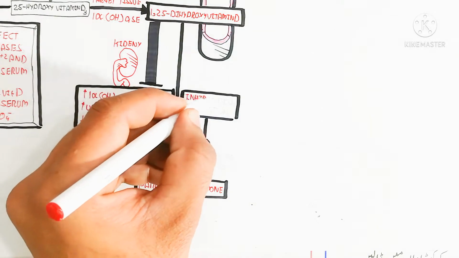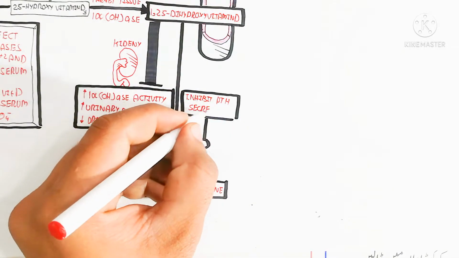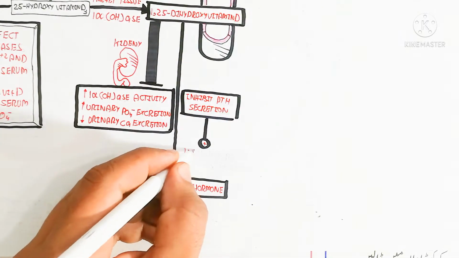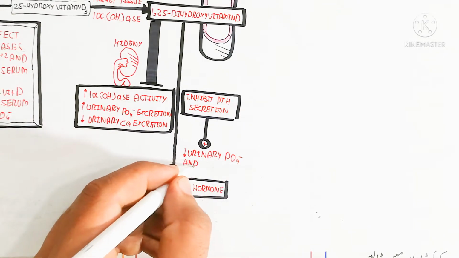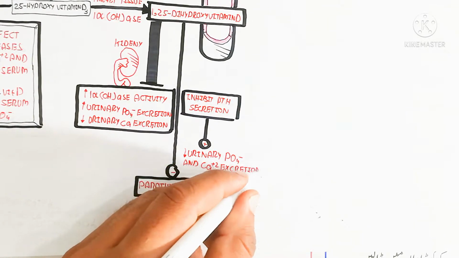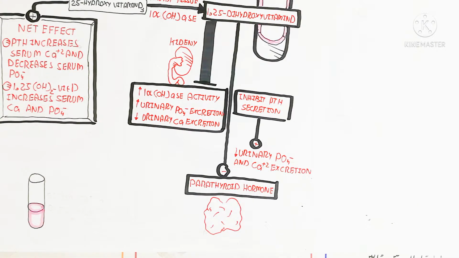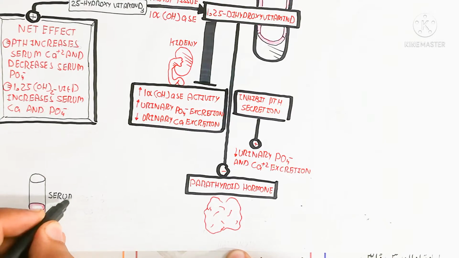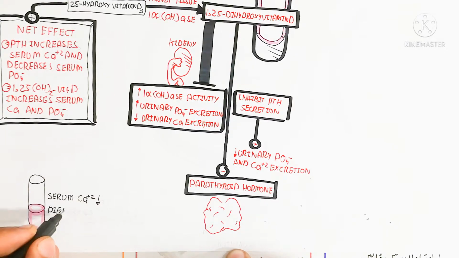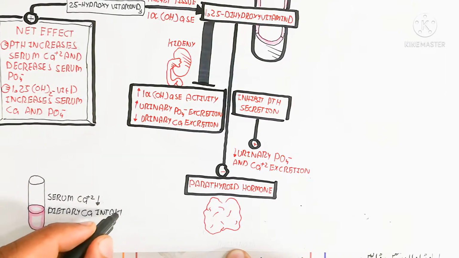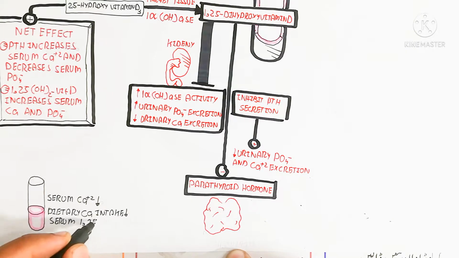Here you can see that inhibited parathyroid hormone secretion leads to decreased urinary phosphate uptake and calcium excretion. So calcium and phosphate are excreted more when parathyroid hormone secretion is higher, and urinary excretion is more.